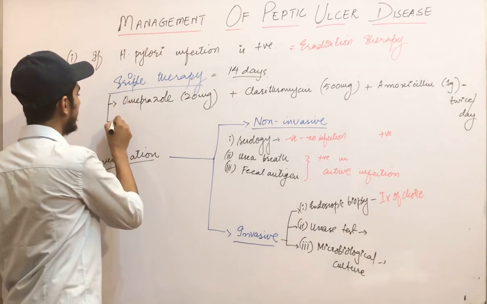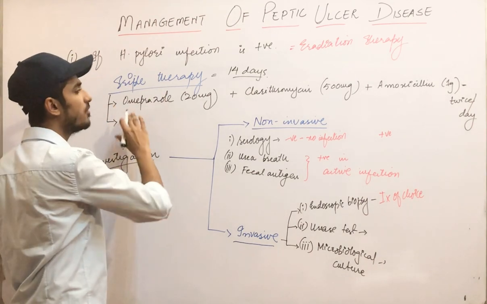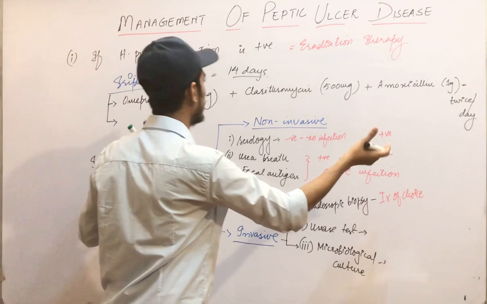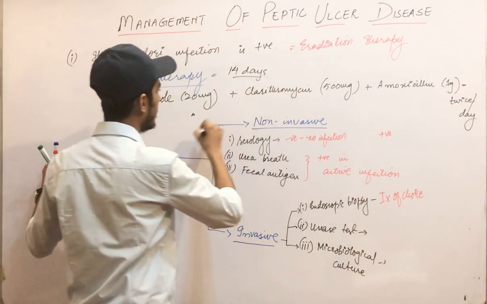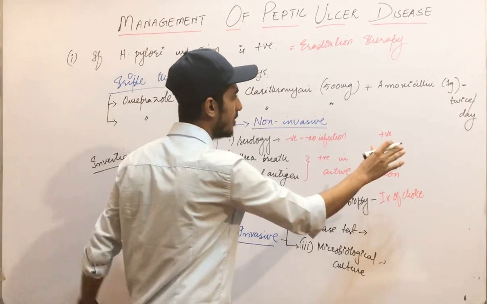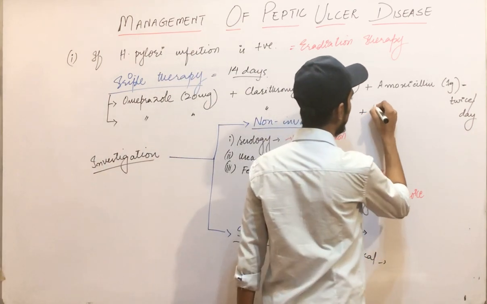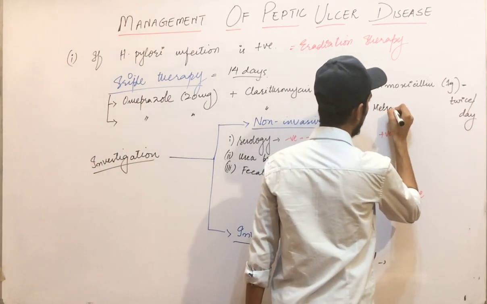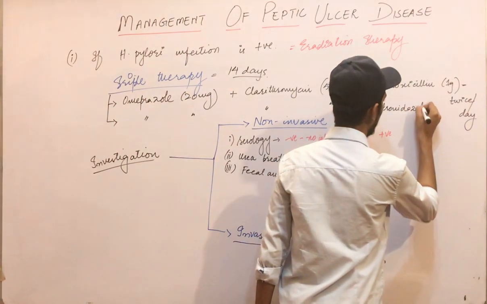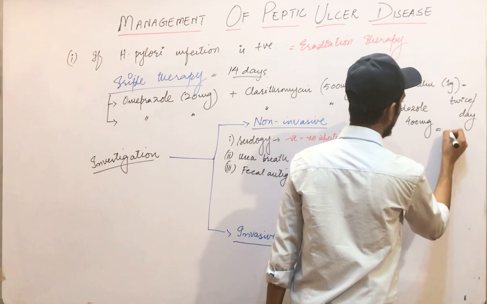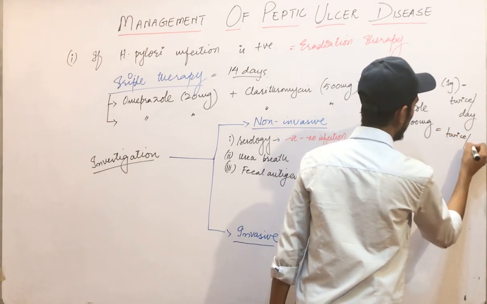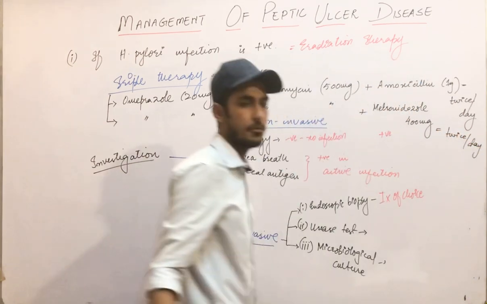Now the second triple therapy: if you are not going to give this combination, you can give another one. Omeprazole, same 20 milligram, clarithromycin, same 500 mg, but here you give metronidazole, also an antibiotic, 400 milligram. All these drugs are given twice a day. Clear?